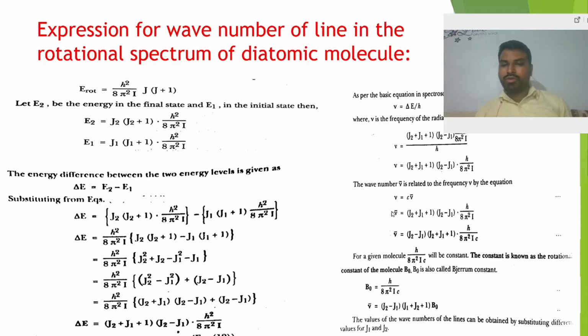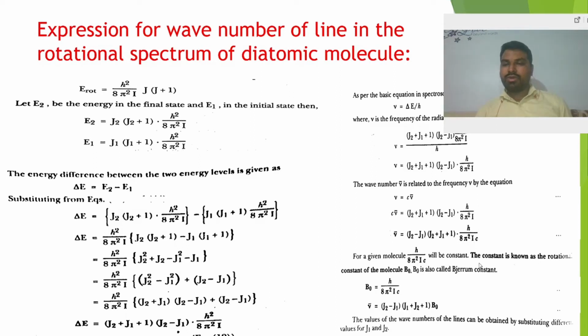Now what we will do, simply we will keep the nu bar over here, and c will be transferred to the denominator, h upon 8 pi square Ic. For a given molecule, h upon 8 pi square Ic will be constant.